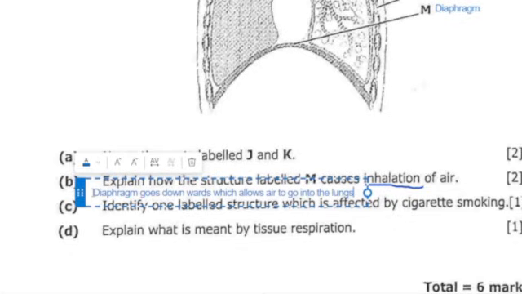Okay, so when the air goes into the lungs, that means we have inhaled the air. So that is the simplest and the shortest way I can describe what causes inhalation of the air. So the diaphragm goes downwards, which allows air to go into the lungs.